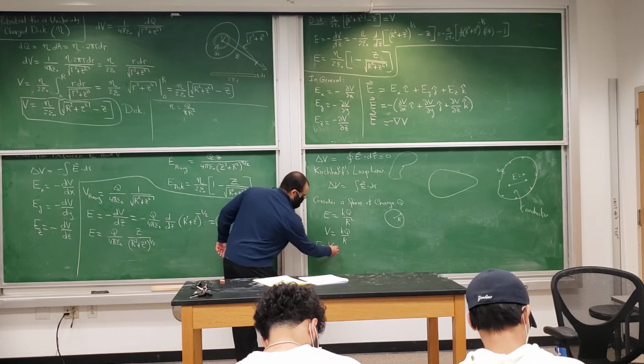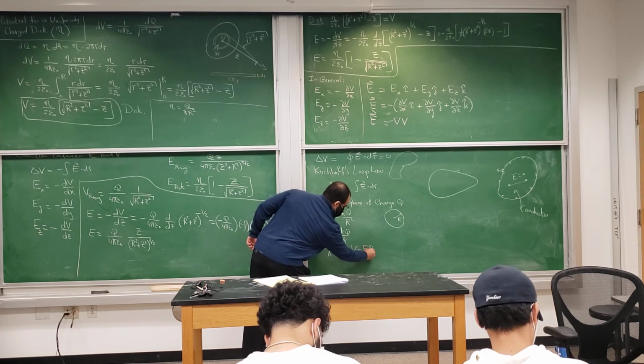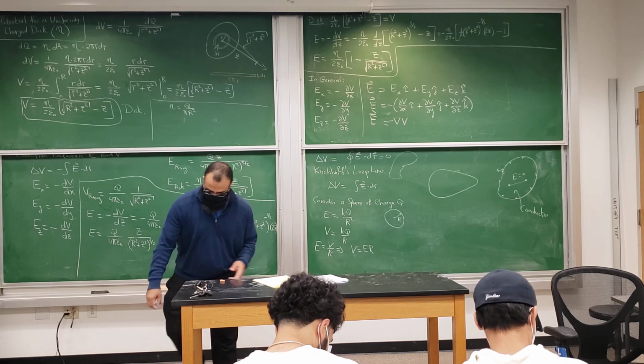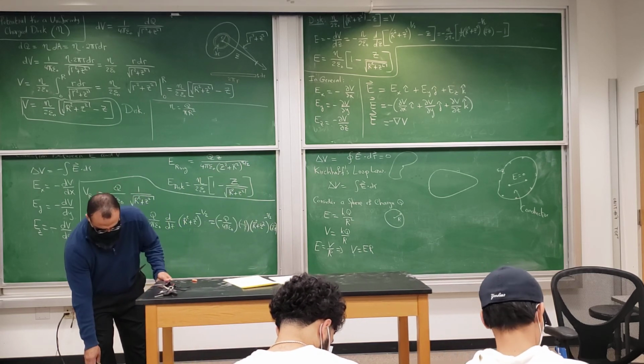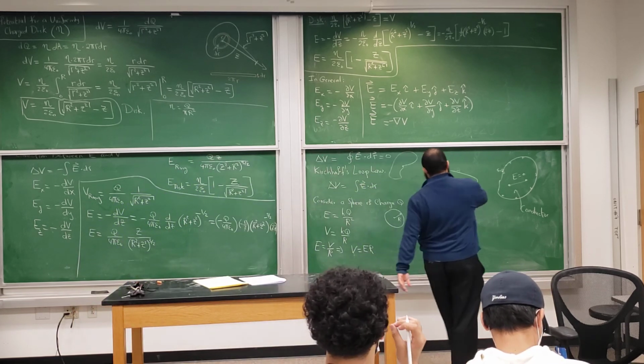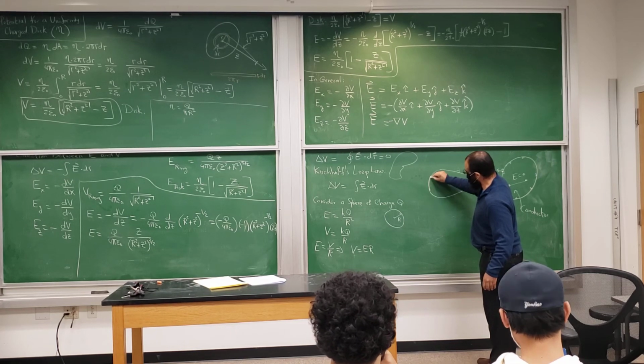So that means V is equal to E times R. Notice now, a broad corner, you can think of it as a part of a sphere.